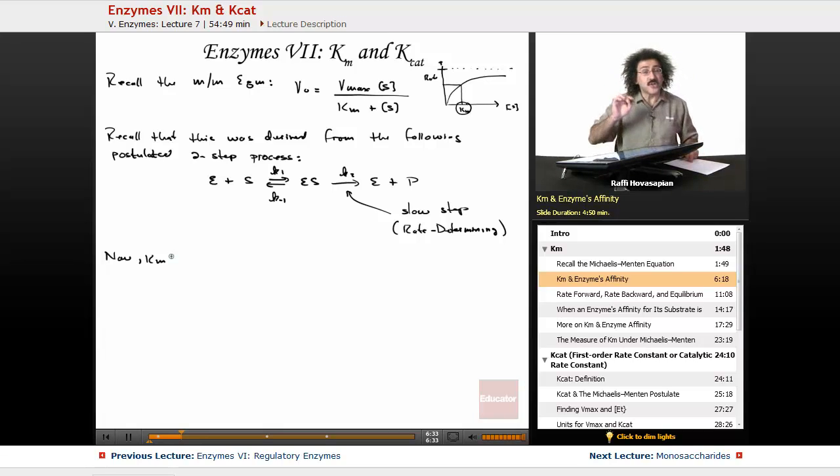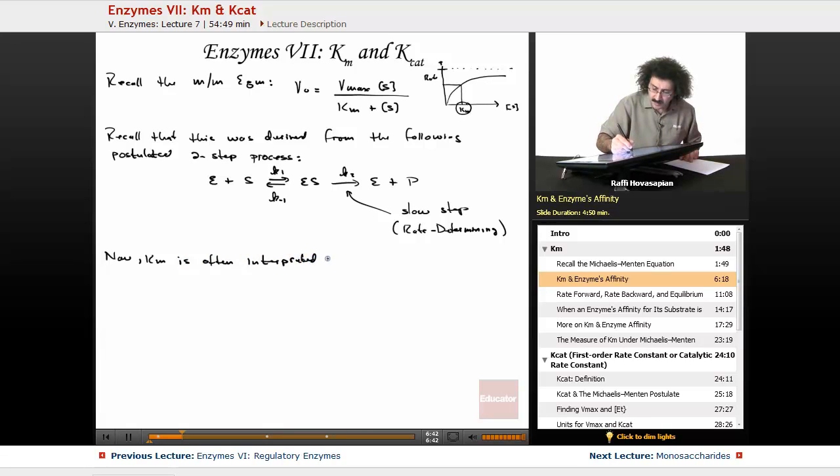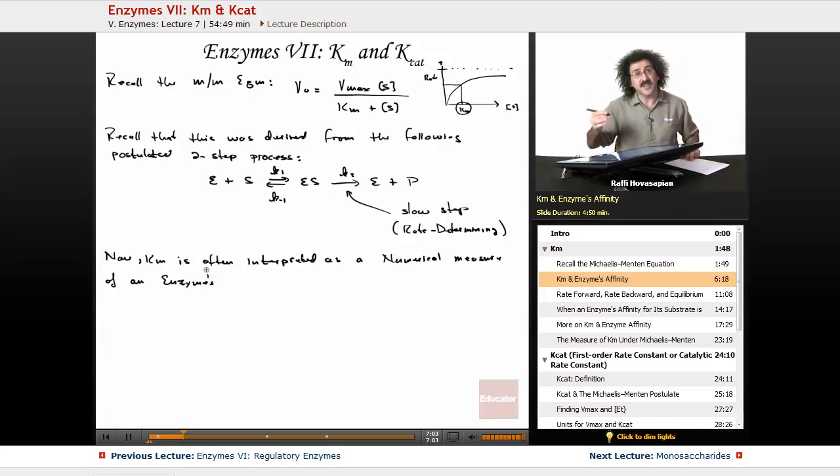Well, Km is often interpreted as a numerical measure of an enzyme's affinity for its substrate.